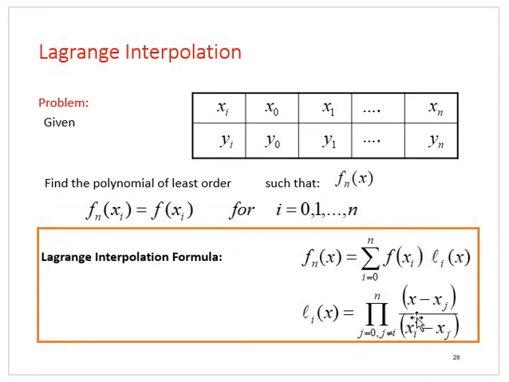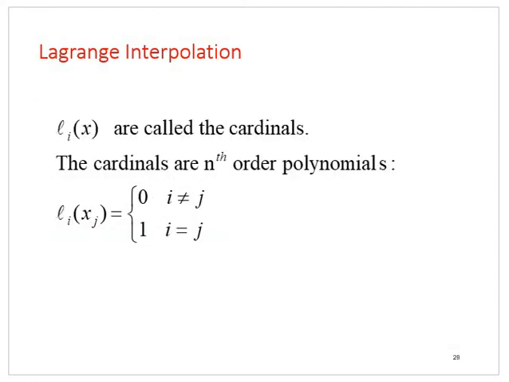This is more like a polynomial. Alright, so this is the Lagrange interpolation, and Li represents what we call cardinals. So it's also called the cardinal, and the cardinals are nth order polynomials. Right, so if i is not equal to j, your cardinal is 0. If i is equal to j, your cardinal is 1.